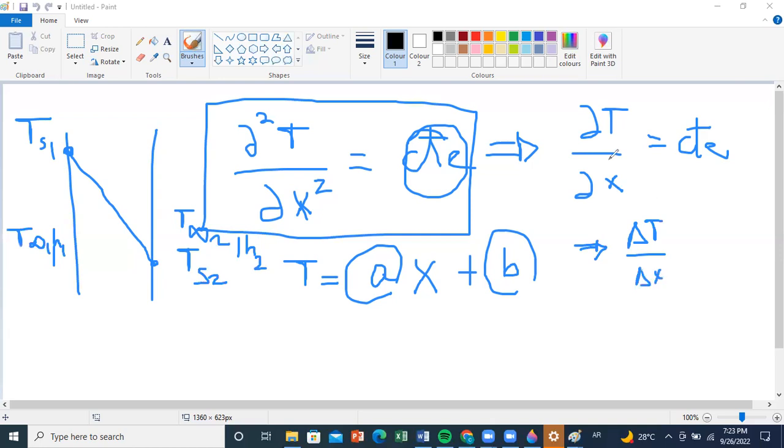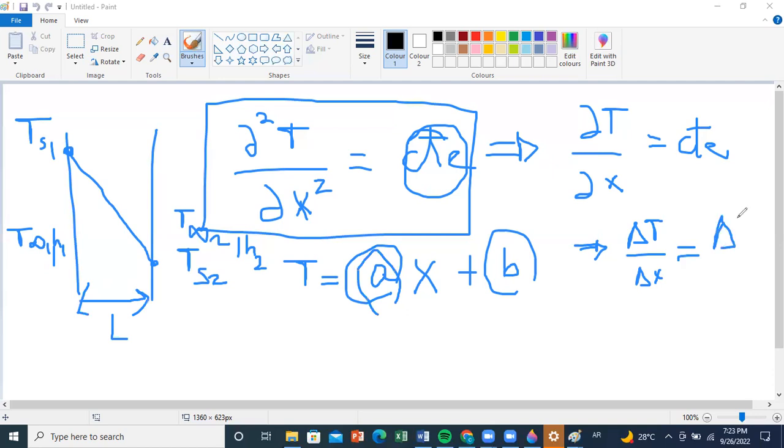Because when del T by del X is a constant and you have linear variation, how can you get the slope? You can just do delta T over delta X. So if the thickness here is L, then del T by del X is just equal to delta T over L.